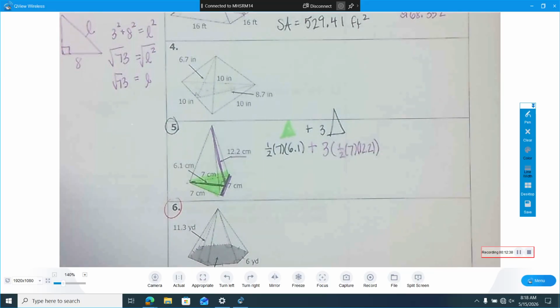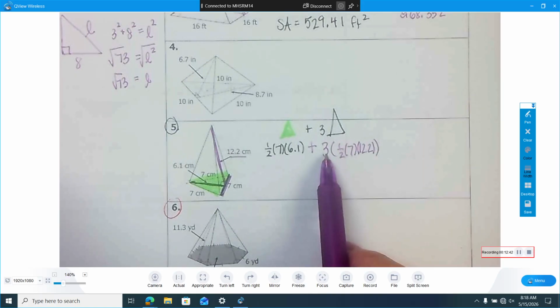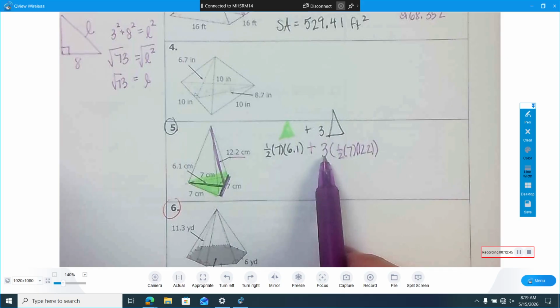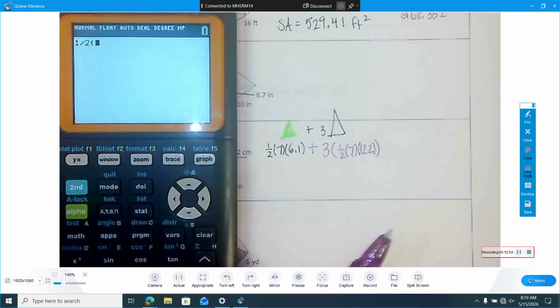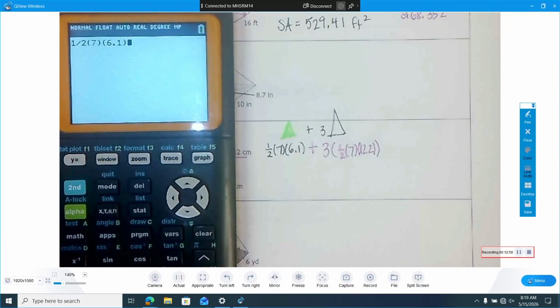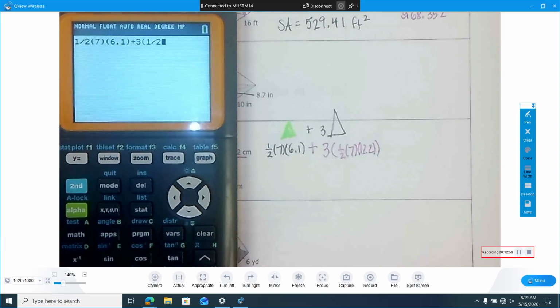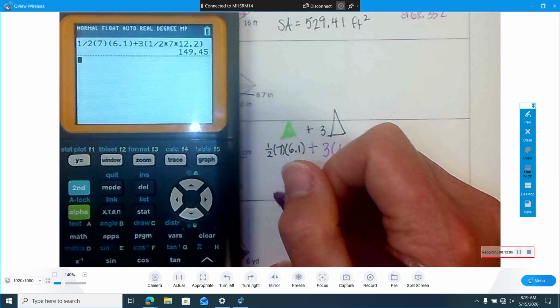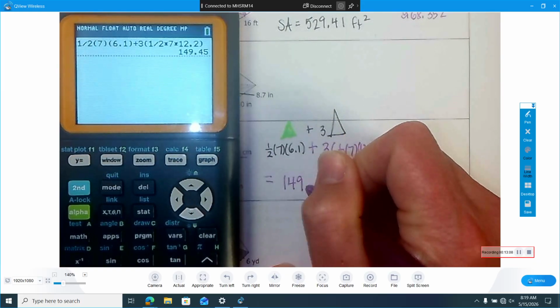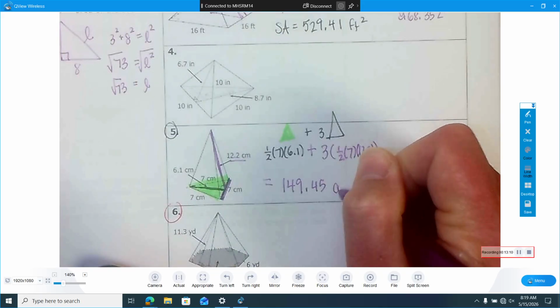So 1/2 base times height for each triangle, and then this one we put a 3 in front because there's 3 of them. Do you have questions for me on that? Okay. So I'm just going to put this whole thing in. 1/2 times 7 times 6.1 plus 3 times 1/2 times 7 times 12.2. So got that whole thing in there, and that is 149.45 centimeters squared.